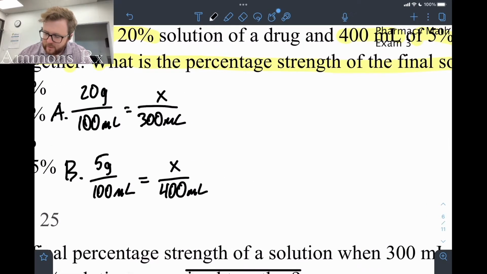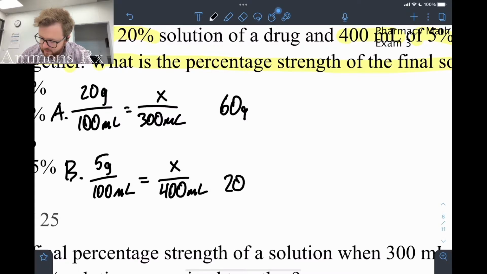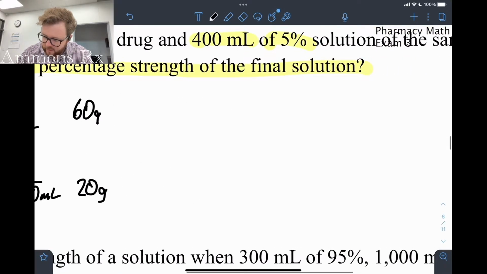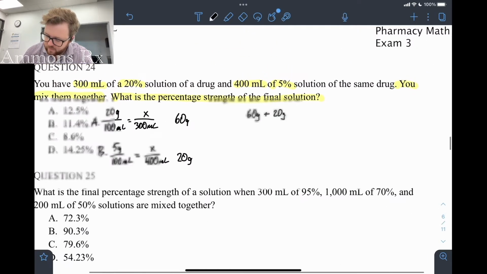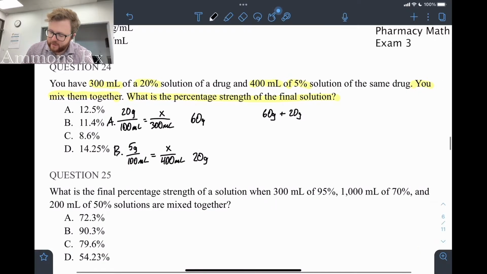Okay, so 20 times 300 divided by 100 is 60 grams. 5 times 400 divided by 100 is 20 grams. Okay, so now we have 60 grams of A plus 20 grams of B. What is the percentage strength of the final solution?